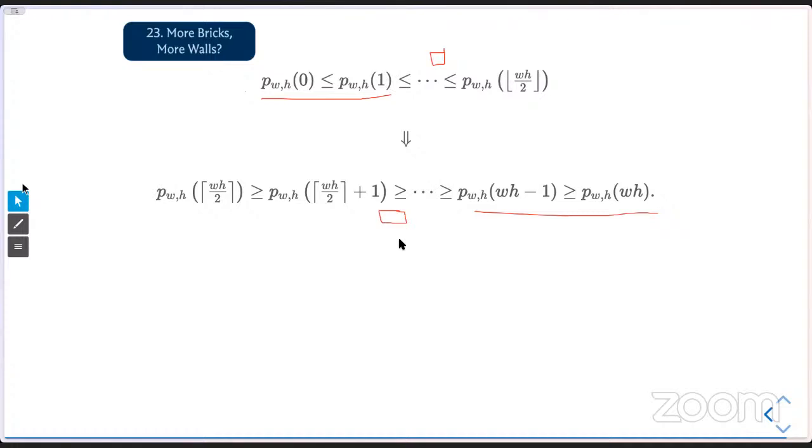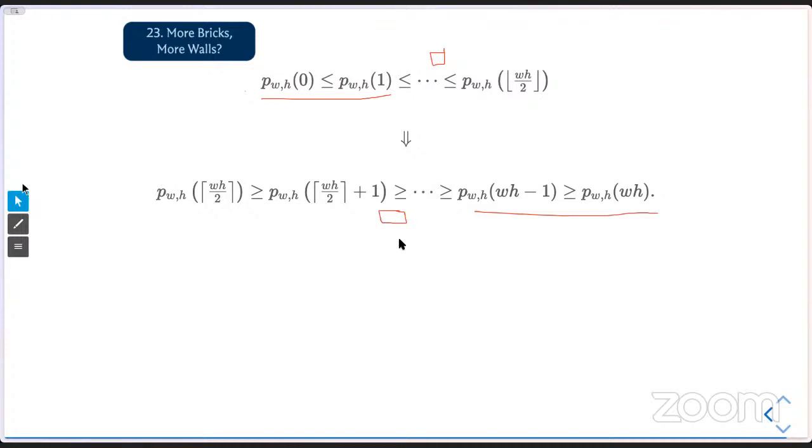So we are thinking about the number of ways in which you can build a wall with k bricks, where k is at most half the total space that we have. If the number of bricks is at most half of the total space that we have, what can we say about the white space, which is all the locations where there are going to be no bricks?